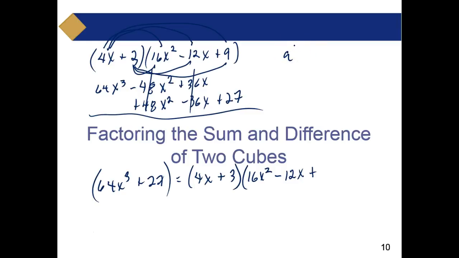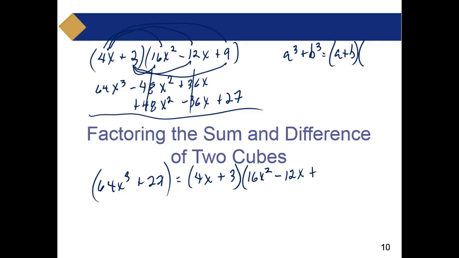A cubed plus B cubed. Same way, though. You take the cube root of the first one, which is A. You keep the same sign, plus cube root of the second one, B. Now forget about the left-hand side. Just focus on this.